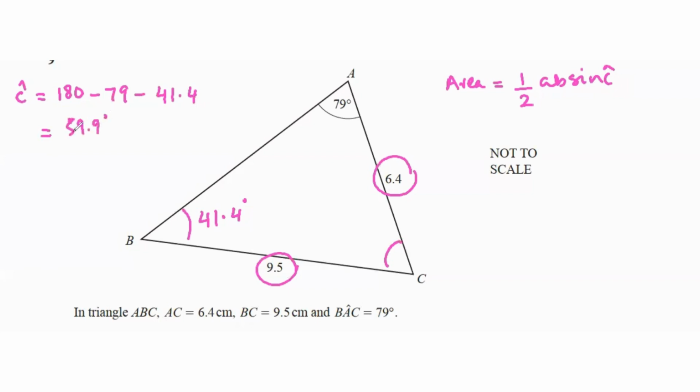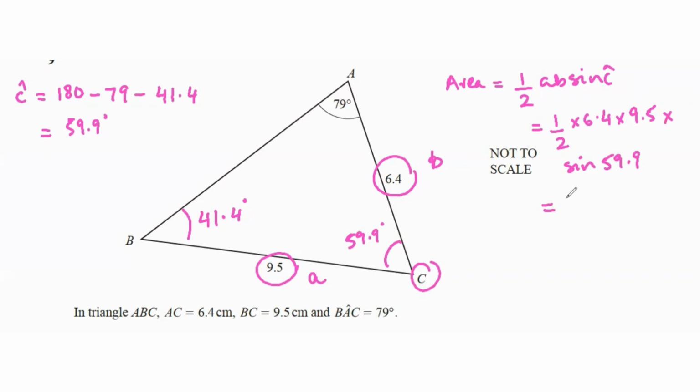That is going to give us 59.9. Now we can easily use this angle to find the area of this triangle by saying 1 over 2 times 6.4 times 9.5. Call this A, call this B, and this is our angle C, times sine of 59.9.